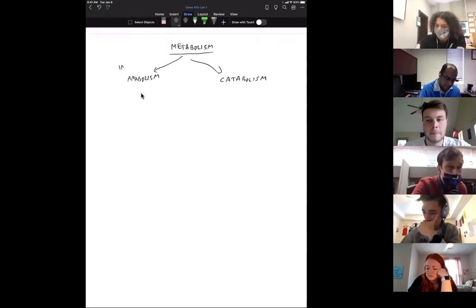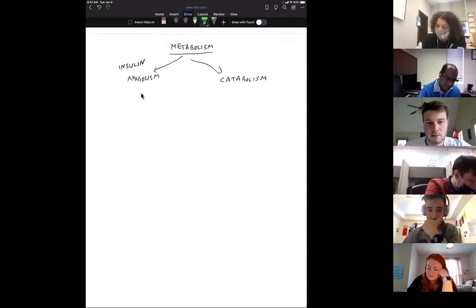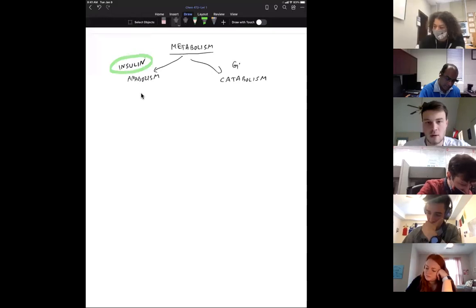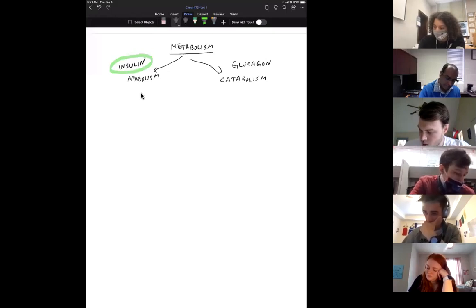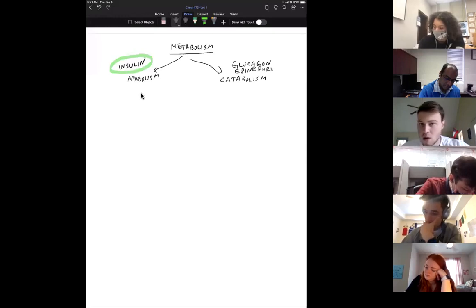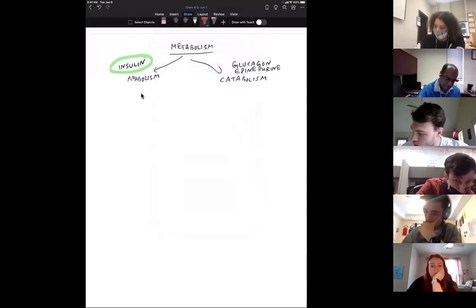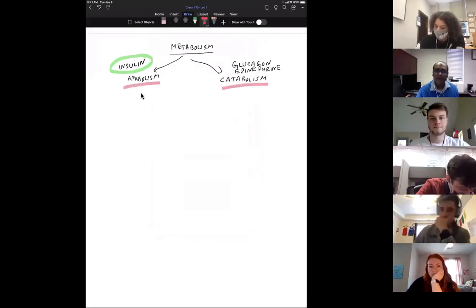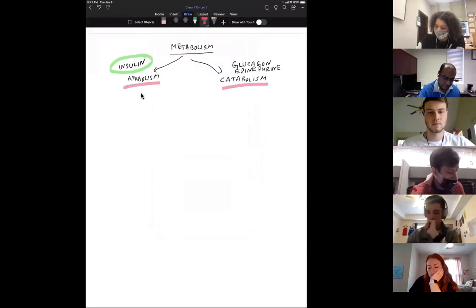So insulin is the hormone that controls it. And here we have glucagon. There are some others, but these are the main ones, okay? Let me write another one here, epinephrine. Okay, so these are catabolic hormones. So we got anabolism, we got catabolism.